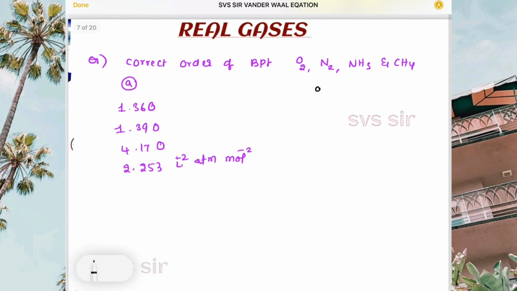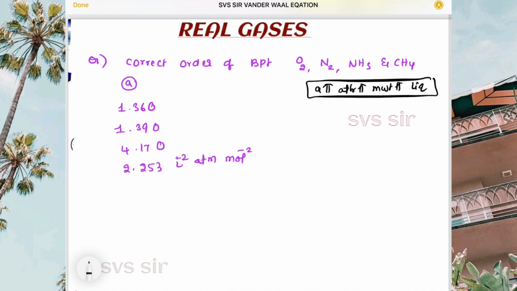We already discussed that as A increases, attractions increase, molecular weight increases, we can easily convert into liquid, and therefore boiling point also increases. First one is oxygen, second one is nitrogen, third one is ammonia, fourth one is methane.